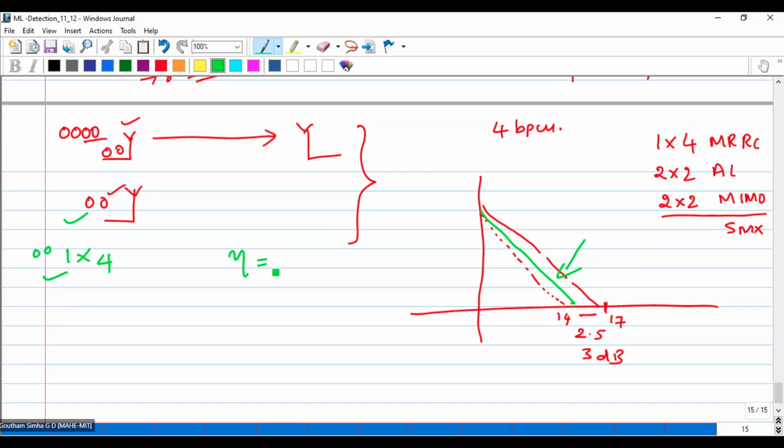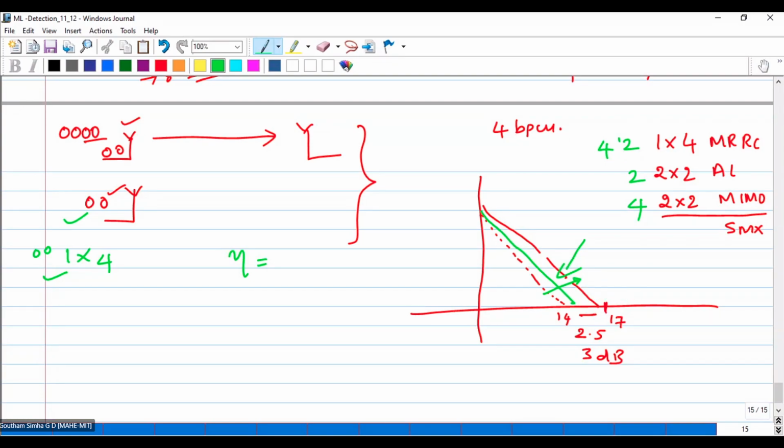Here I am sending 2 bits. Suppose in the case of this MRRC, I'm getting somewhere around 2 BPCU, I'll get the same performance at 4 BPCU. That's why, if you get approximately the same performance for 4 BPCU here, obviously this MRRC will shift out to somewhere here.